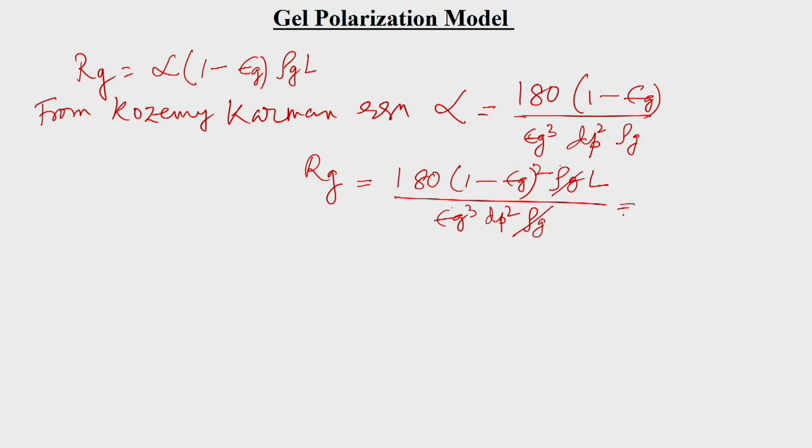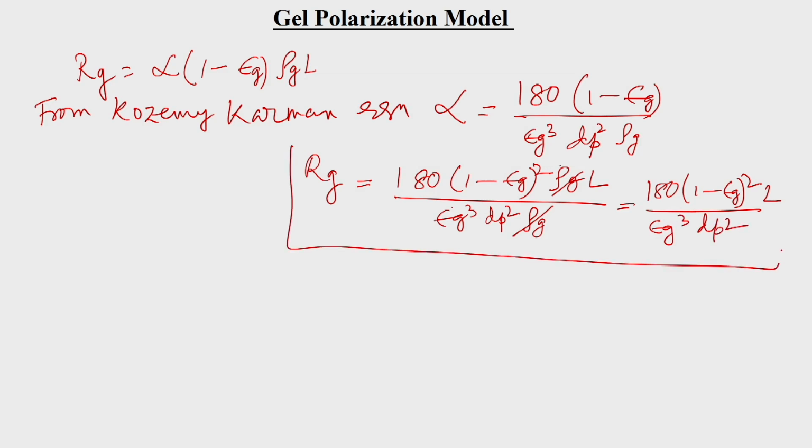So, ultimately that will be equal to 180 into (1 minus epsilon g) square into L divided by epsilon g cube into dp square. So, that Rg we will now get as 180 into (1 minus epsilon) square into L by epsilon cube into dp square. Okay.